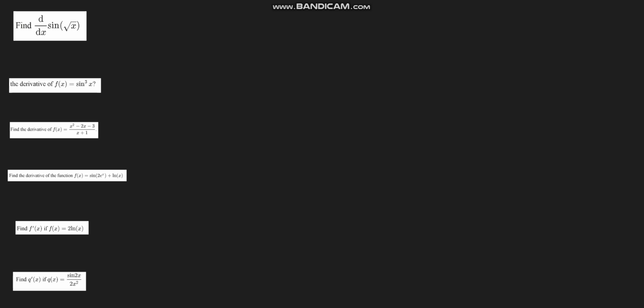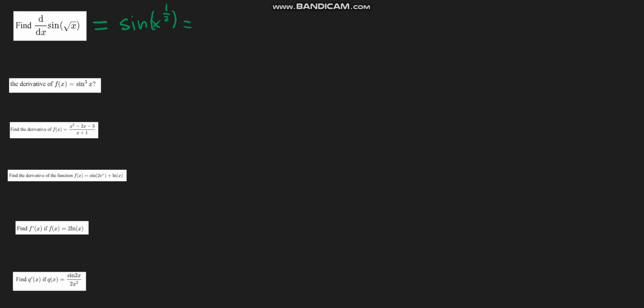Okay, so we have find the derivative of sine root x. So we can see this as the same thing as sine x to the 1 over 2. Alright, so if we want to find the derivative of this, we have to first find the derivative and multiply it by this entire thing.